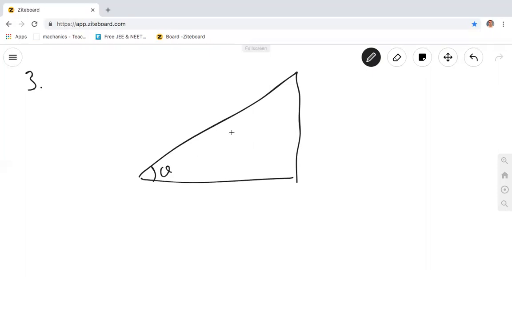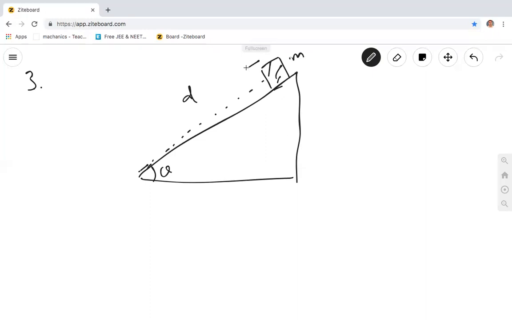Now he talks about the third example. He talks about a block on an inclined plane with angle theta. Here is the block at the top, and it falls down a distance d. It has mass m.